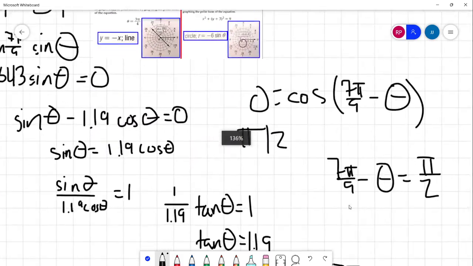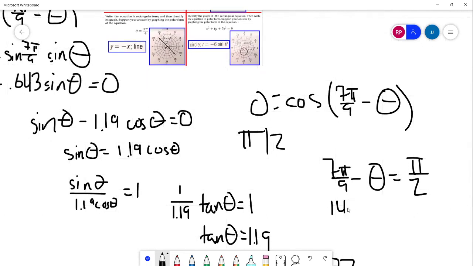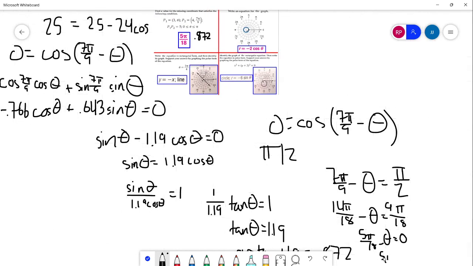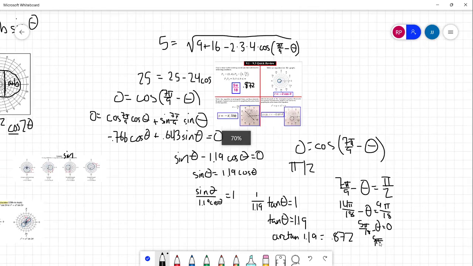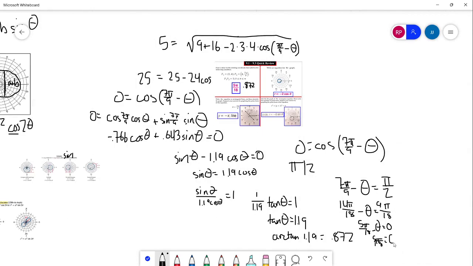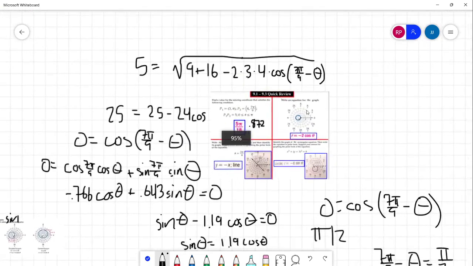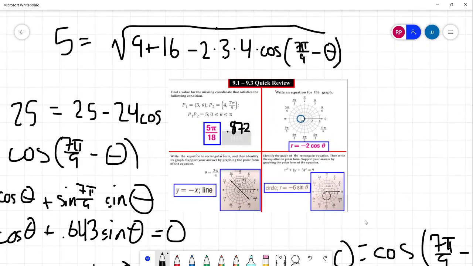And yeah, now we see where we got the 18 in the denominator too, because you get 9 pi over 18, subtract, you get 5 pi over 18 minus theta equals 0. 5 pi over 18 is theta. Yeah, so this is faster. That's true.